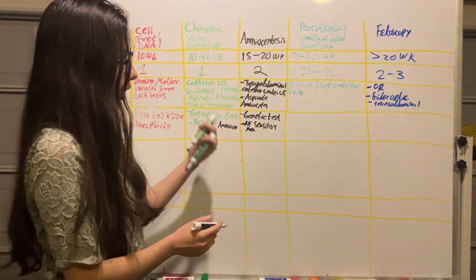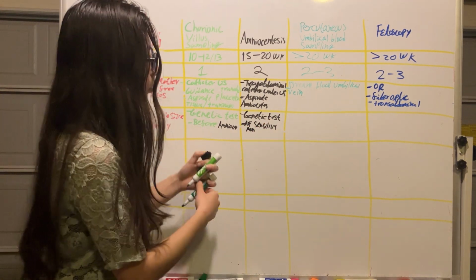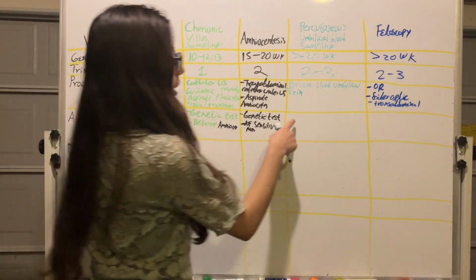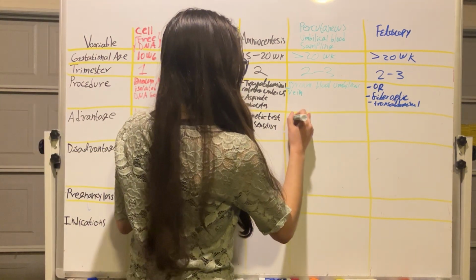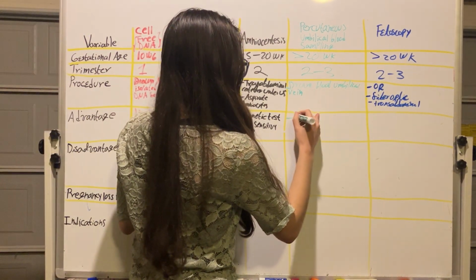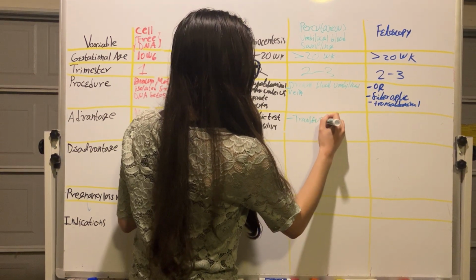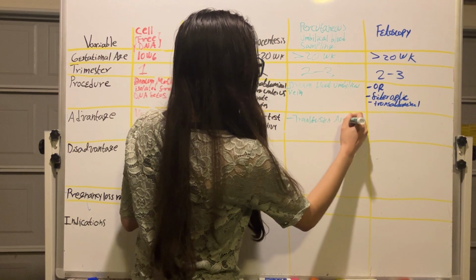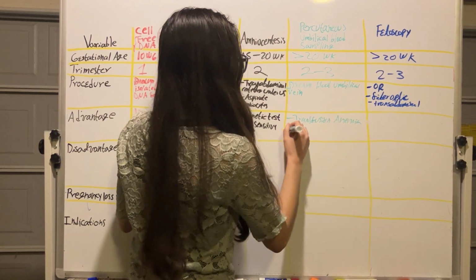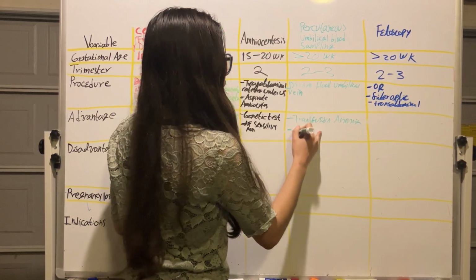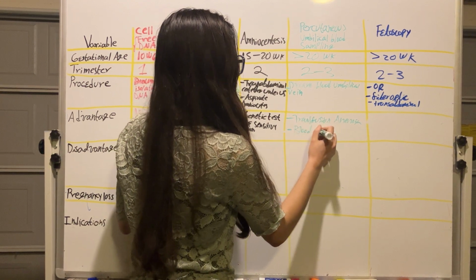Then percutaneous umbilical blood sampling. Advantage is here we can do a transfusion, for example, in cases of anemia, and we can evaluate blood gas.